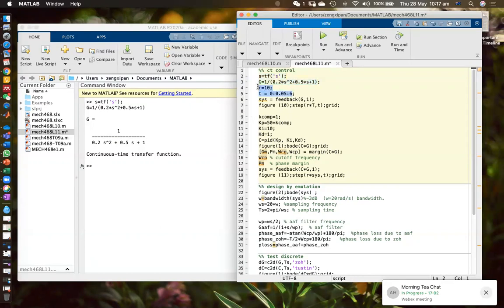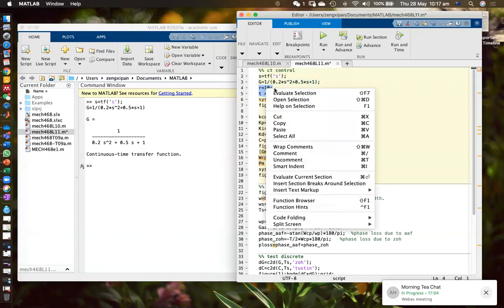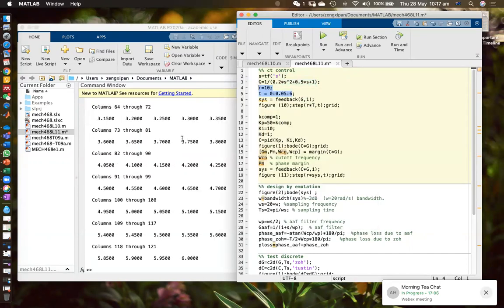This is just preparation for the reference input. Okay, so I just get some signals to send. It's a step response to the signal, to the system. This command is where I construct a feedback system. So at the moment, I don't have any controller. It's just the G and itself.